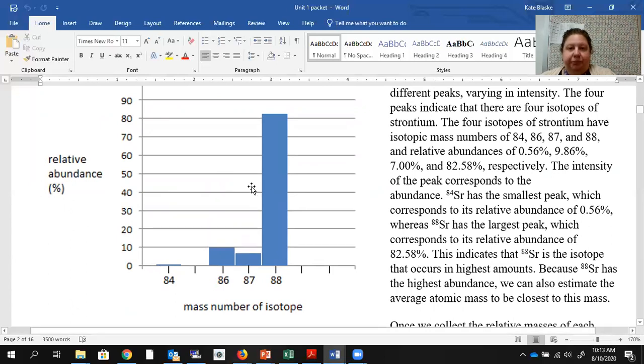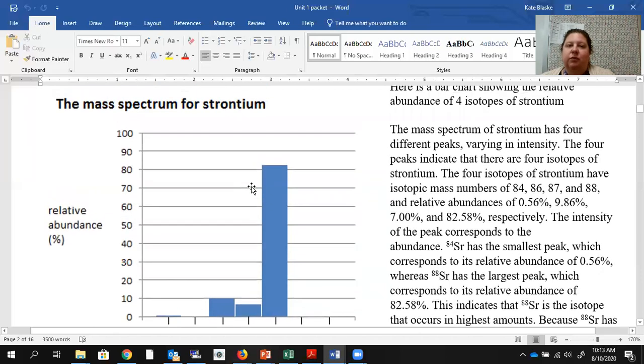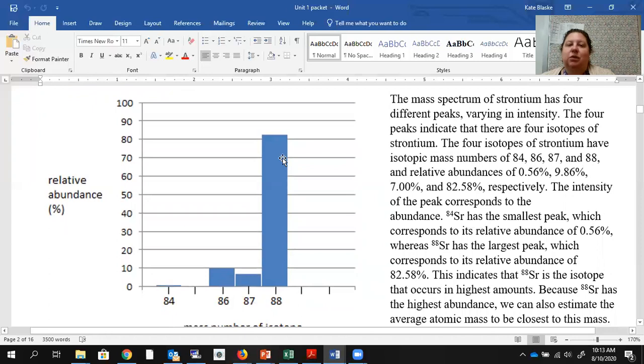For example, this is a graph of strontium, the mass spectrum for strontium. We can see that the majority of strontium is strontium-88. So the isotope with the largest percent abundance is strontium-88. There are several other isotopes that are less massive than 88.